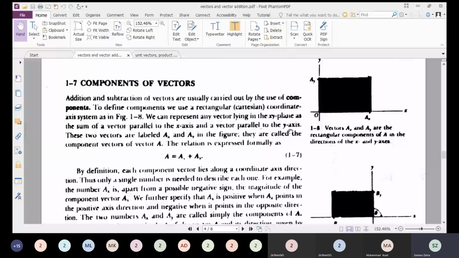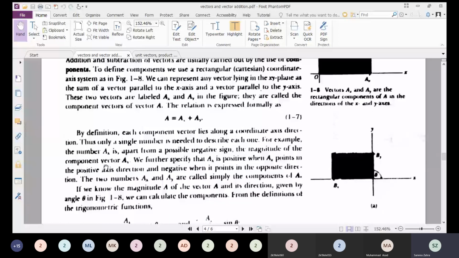If the plane is x and y, then obviously the components you will achieve will be along x and y, that is ax and ay. If you have y and z, then you will attain the components along y and z. By definition, each component vector lies along a coordinate axis direction. Thus, only a single number is needed to describe each one.